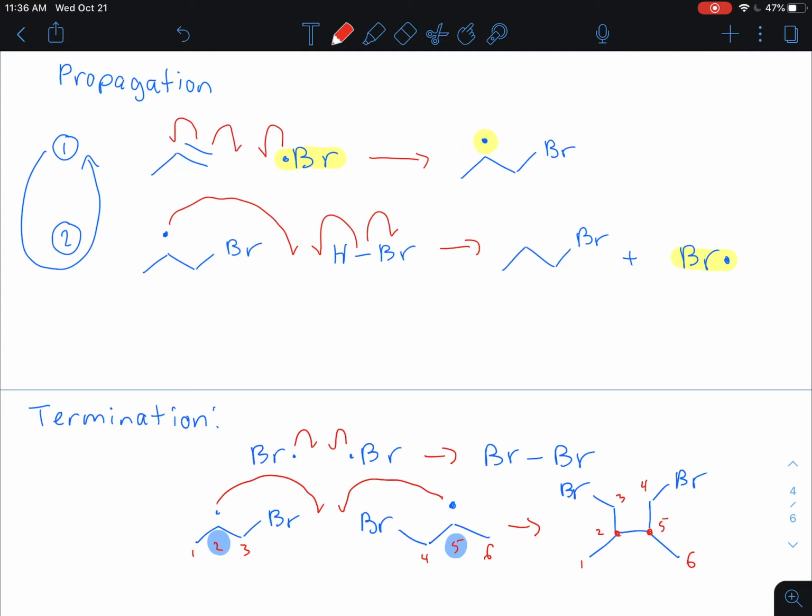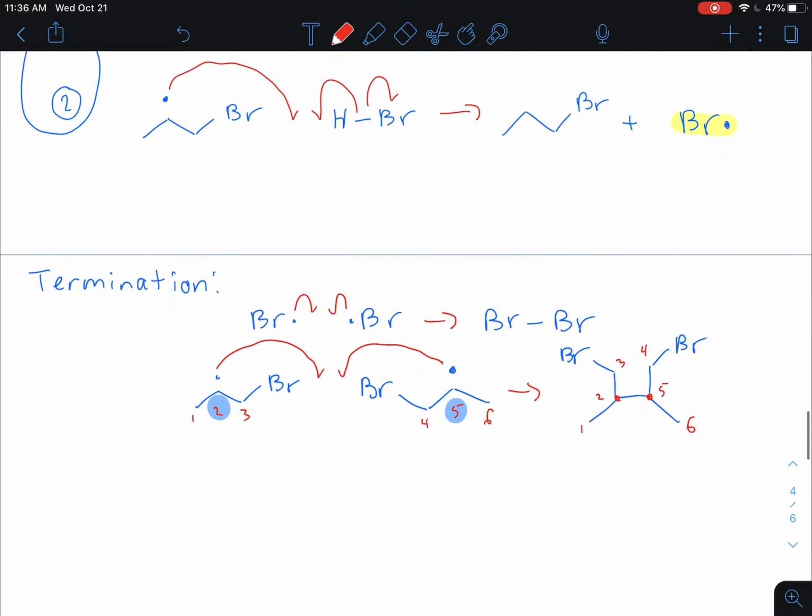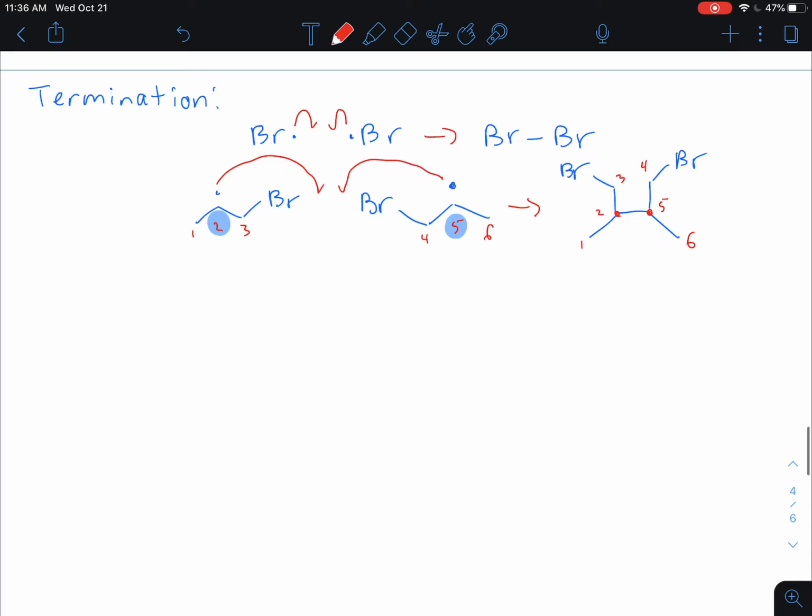And then the last option, just following the pattern we have before: we've shown bromine radical reacting with itself, and we've seen the carbon-based radical reacting with itself. But now we can have the two mixed together.